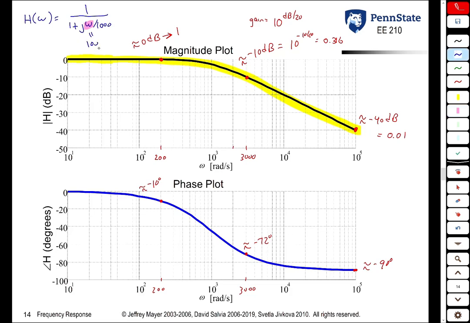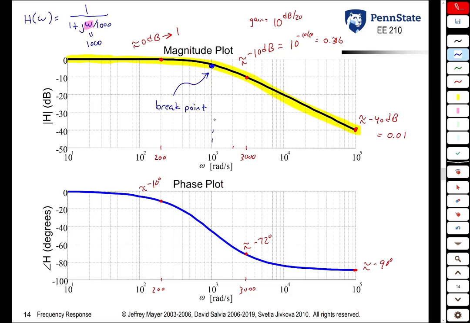When omega equals 1,000 is where we start seeing that the imaginary part of the denominator starts having a much bigger effect than the real part. We call this frequency the breakpoint. The breakpoint is basically the boundary between where the denominator does not have a big effect to where it does have the big effect.